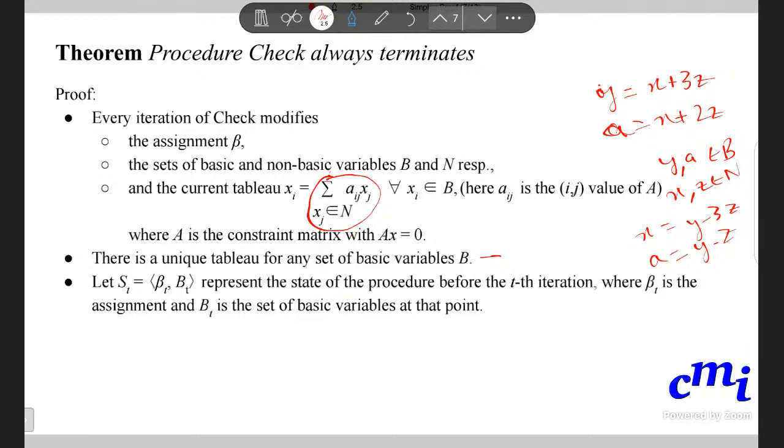So for a given basic set, the non-basic set is fixed, and the way you derive the equations is just by moving things from left to right. Therefore, there's a unique set of equations in terms of which you could express any basic variable in terms of the non-basic variables, because these equations are fixed.